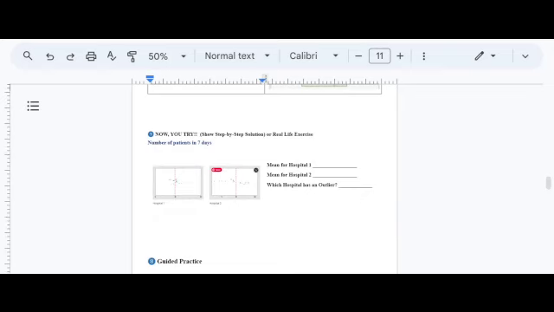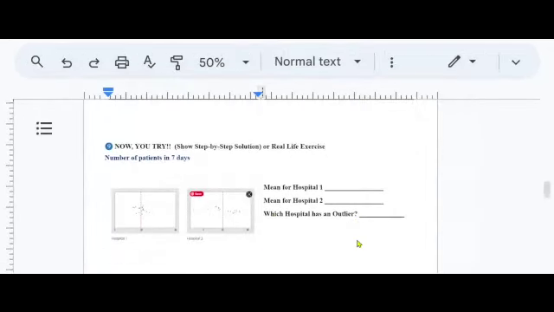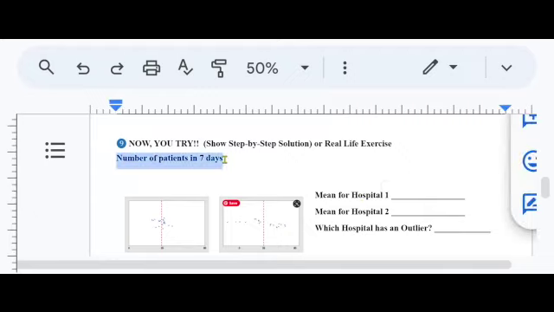Now it's your turn. Can you please look at this example here and tell me how much is the mean and which one has an outlier? Which hospital? It says here, number of patients in 7 days.